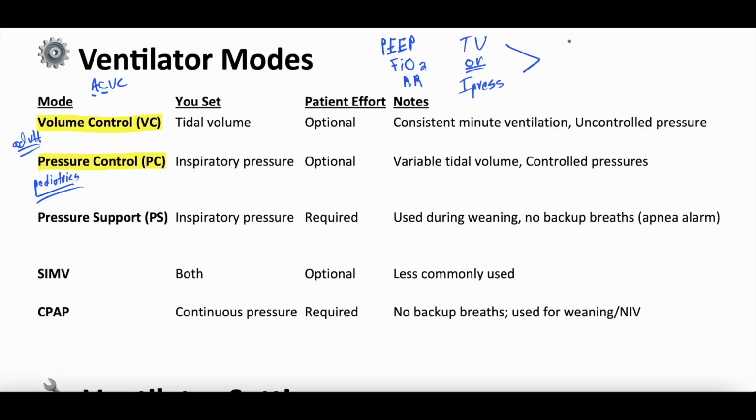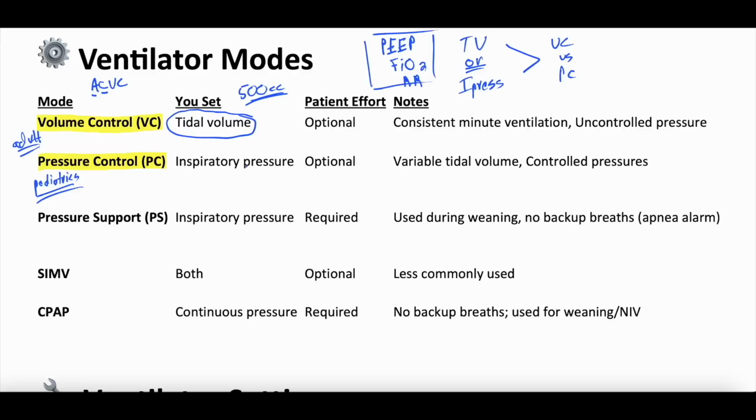And this is the difference between volume control versus pressure control. In volume control, you are setting the tidal volume. You are telling the ventilator, hey, I want this patient to get about 500 cc's of tidal volume with each breath. And the ventilator goes, okay, I'll try to give them about 500 cc's with each breath.